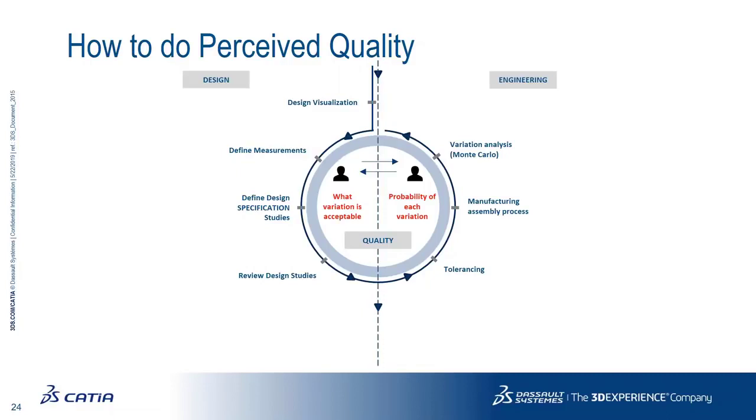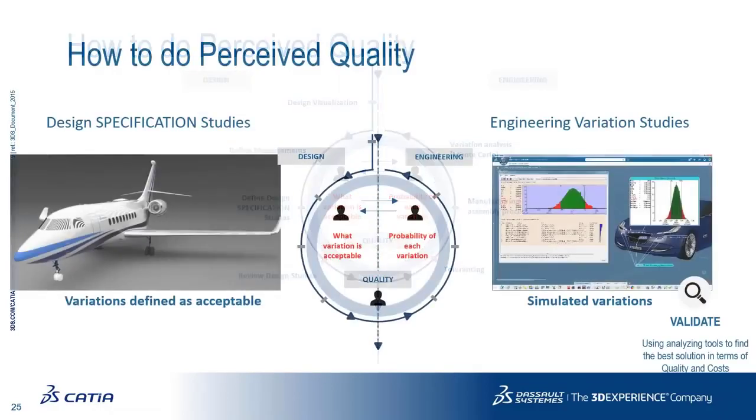So basically, both teams sit together in the end and say, okay, we do have some variation defined, and the engineer said, okay, we have found out this is what we can reach with our current methods, under the condition of course on quality, on costs.